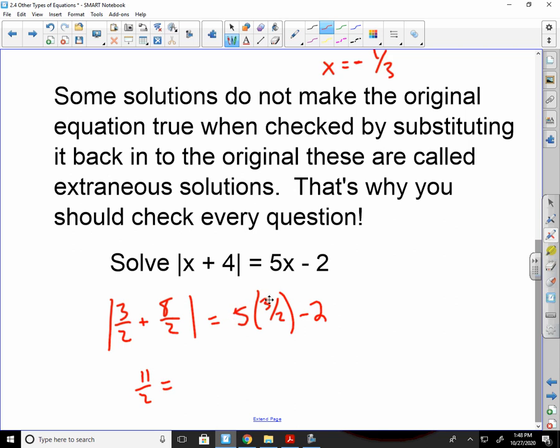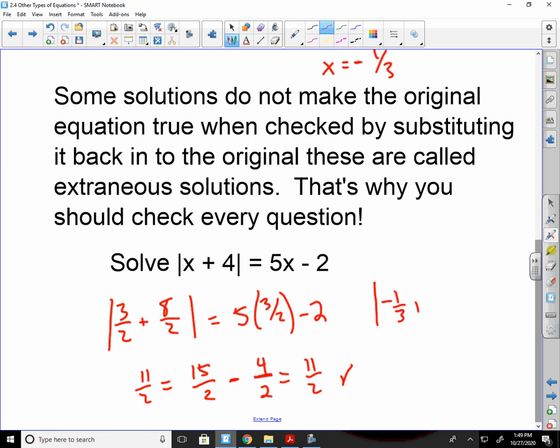Multiply this out. You just multiply 5 times 3. That gives me 15 over 2. Then in order to subtract this, I need to put it over 2. So I'm multiplying the top and bottom by 2. 15 minus 4 gives me 11 over 2. First solution works. Now let's check the second solution.